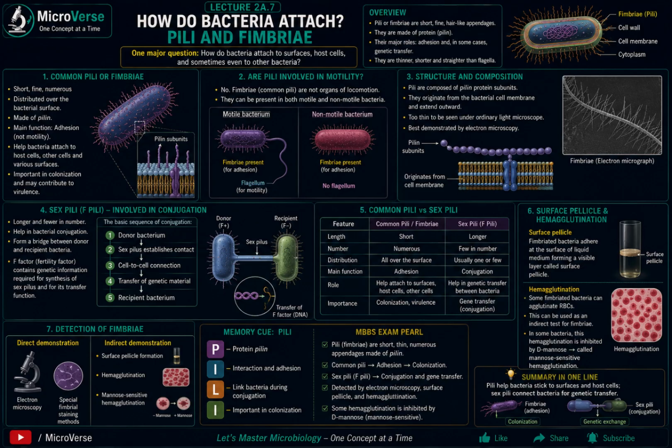And the special type, the sex pili, allow bacteria to establish contact for genetic transfer. So we have now covered the major external appendages involved in movement and attachment. The next major structure in our sequence is how bacteria can survive extreme conditions.